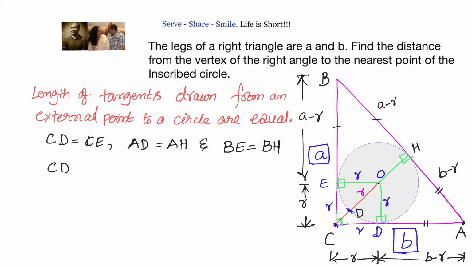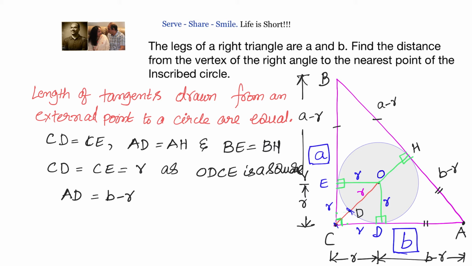We know that CD equals CE equals R, as ODCE is a square. So then we can write AD equals B minus R, and BE equals A minus R.